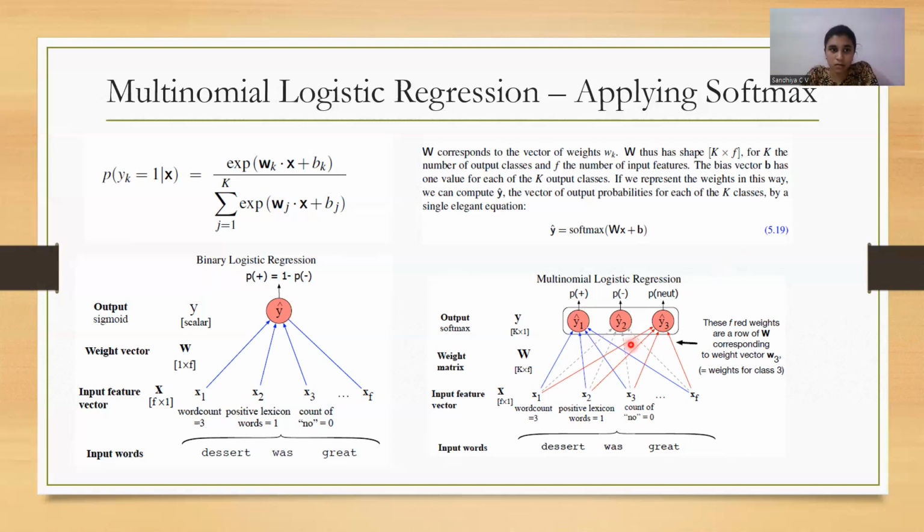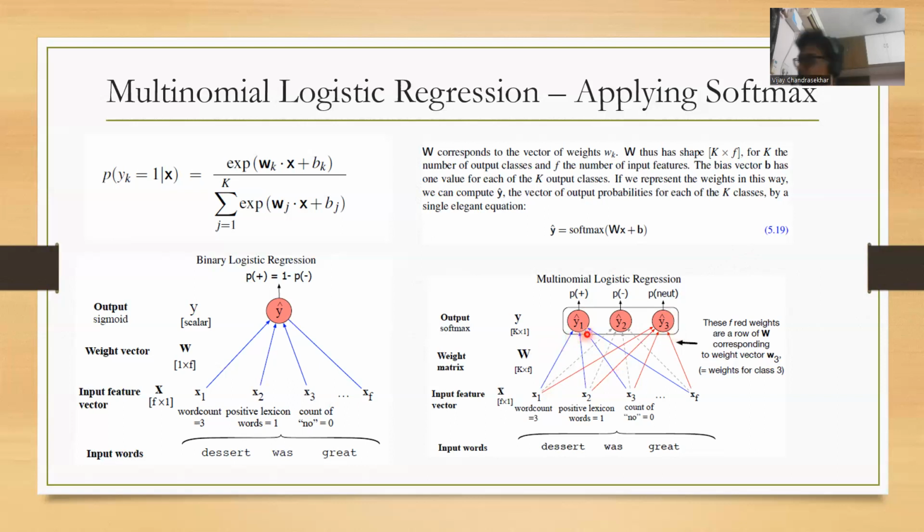Exactly, the weights. So when x1 moves into this node, it will carry a certain weight. Likewise, when x1 moves into this node, it might carry a different weight. And likewise, when x1 moves into this node, it will carry a completely different weight.